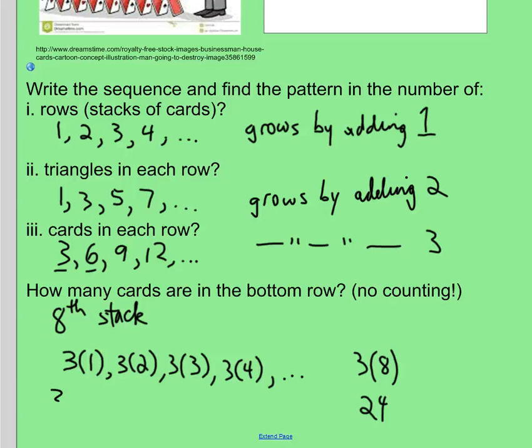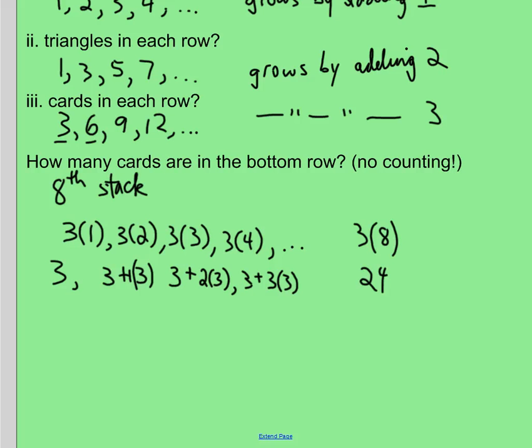or we could also think of it, maybe put a little bit differently, as a certain number of common differences which we could be adding to the very first term. To get 24 there would be something like 3 plus 7 threes.